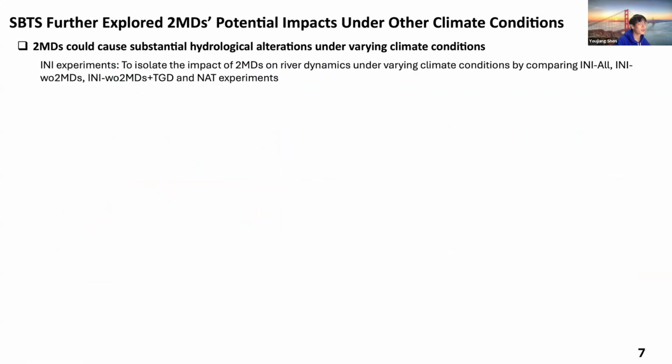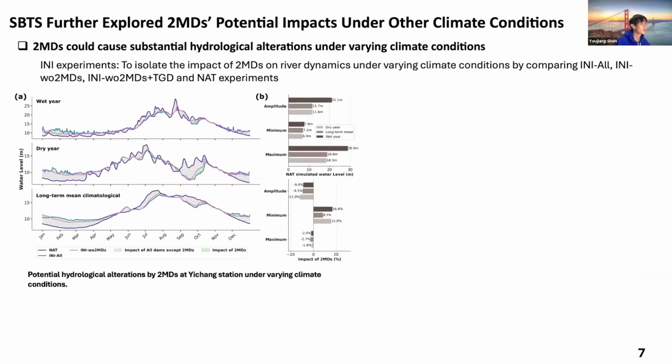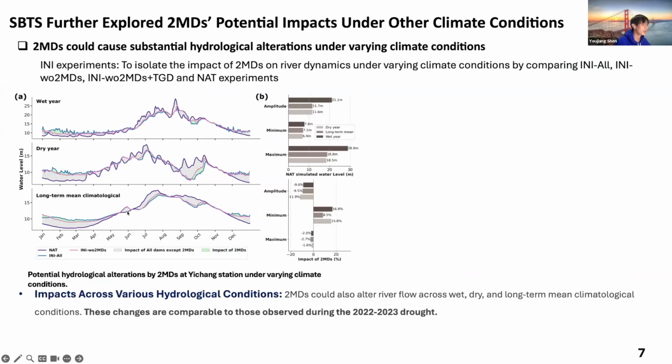We also looked at different climate conditions, and we found that no matter whether in a wet year, a dry year, or a long-term mean, their impacts are still significant, and these changes are even comparable to those observed in the 2022 drought.